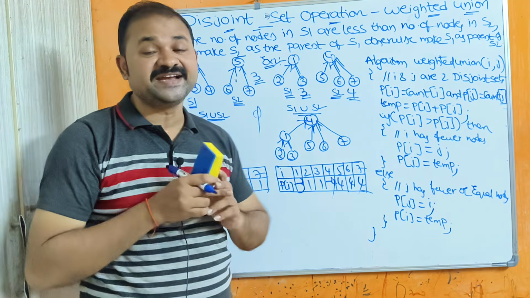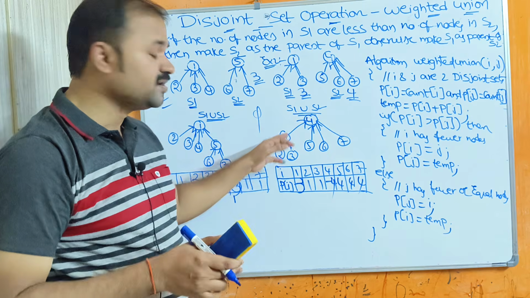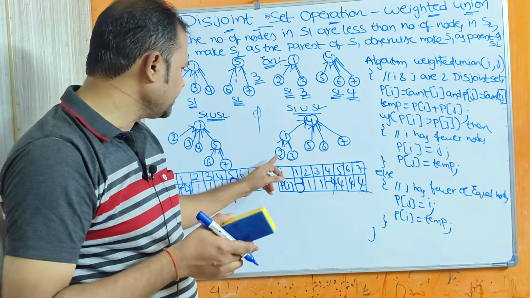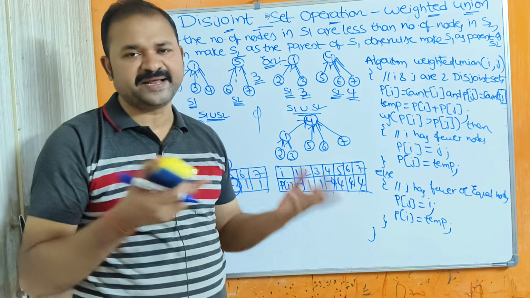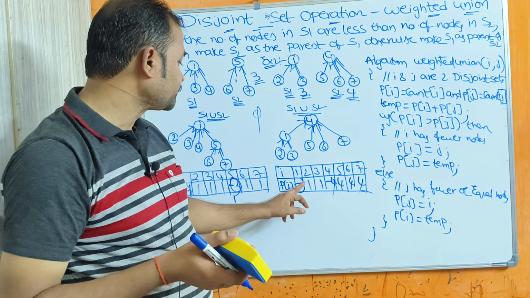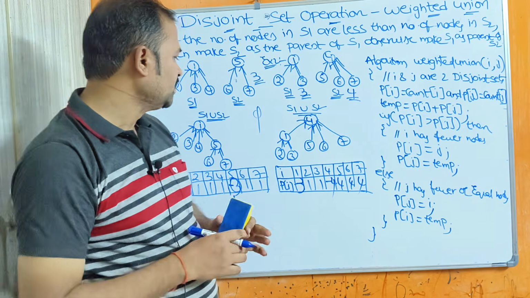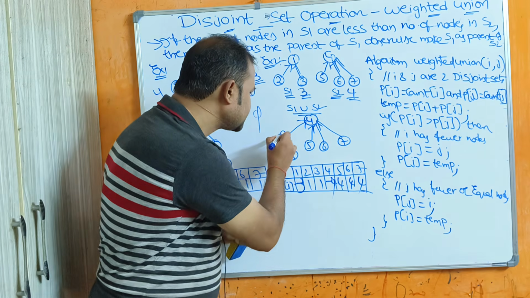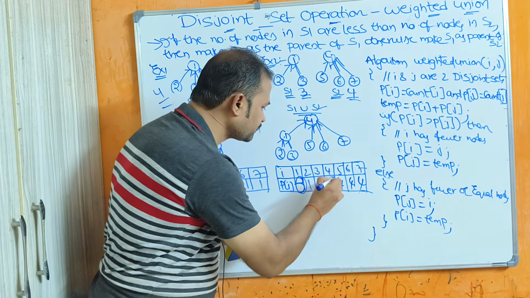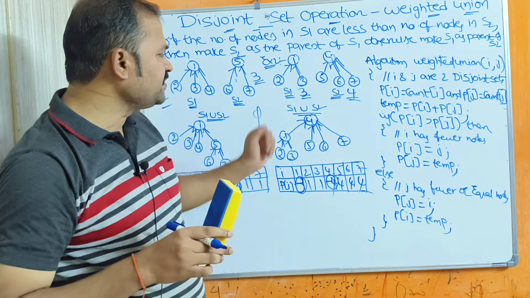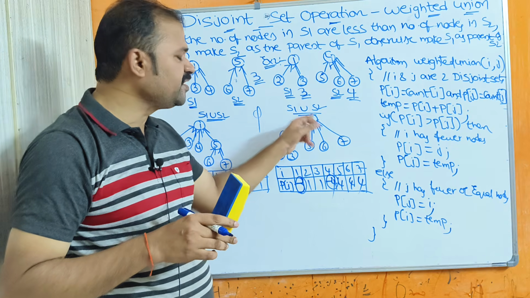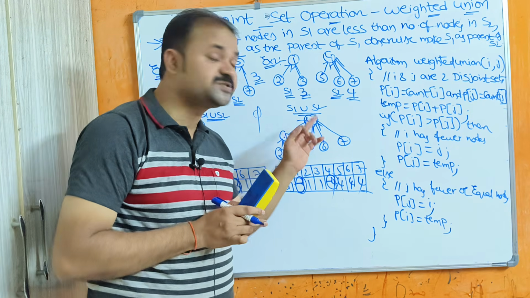After performing the weighted union operation, what will happen? We have to change the information. There is no need to change the parents of 2, 3, 5, 6, 7. So 2, 3's parent is 1 only. 5, 6, 7's parent is 4 only. So we have to change the information of 1 as well as 4. After performing the weighted union operation, 4 will become the root node.